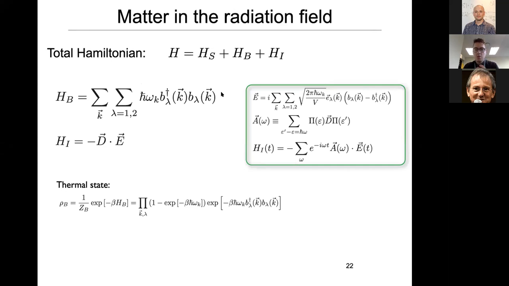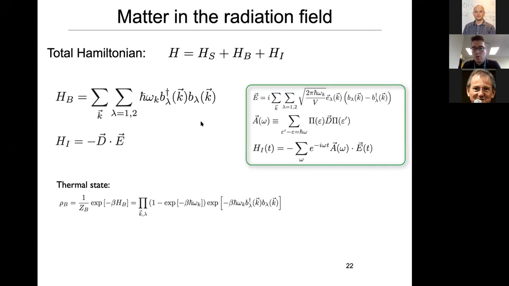To introduce the quantities appearing in this expression, what we're basically assuming is that we have some radiation field which is contained within a box of volume V, and that we can decompose the radiation field within this box into its Fourier modes.